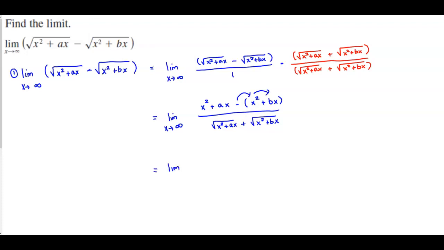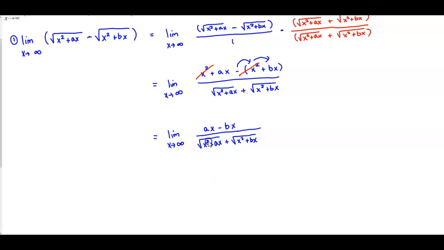We have the limit as x approaches infinity. So what happens is that we get x squared minus x squared, and therefore what's left in the numerator is ax minus bx divided by the square root of x squared plus ax plus the square root of x squared plus bx.